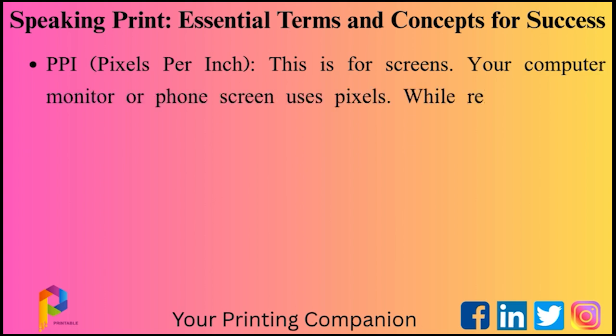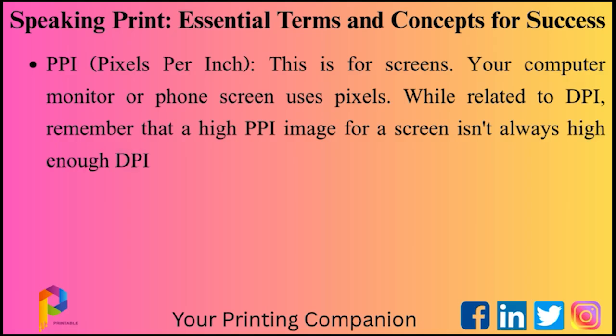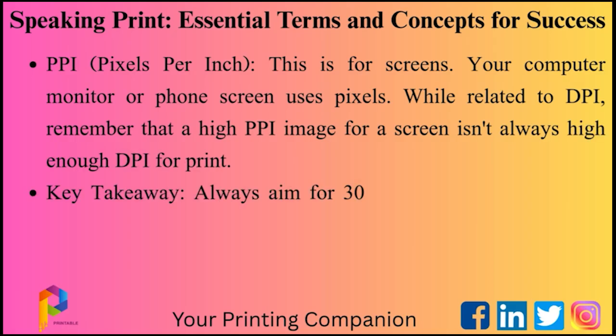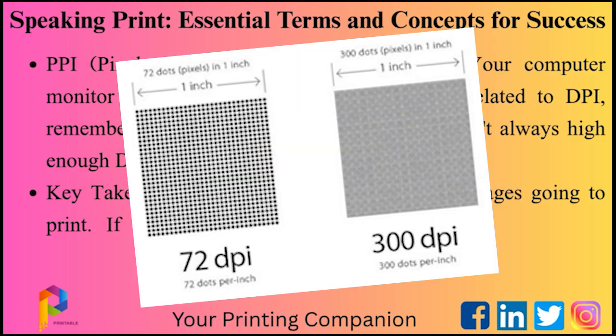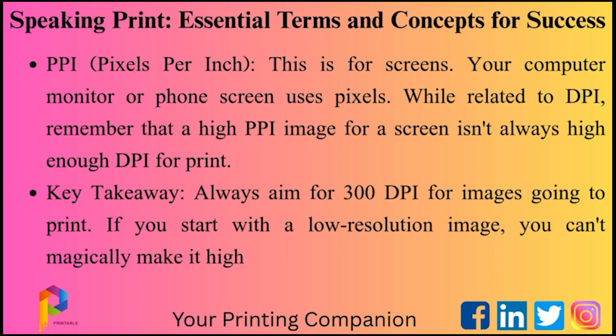While related to DPI, remember that a high PPI image for a screen is not always high enough DPI for print. Key takeaways: always aim for 300 dpi for images going to print. If you start with a low resolution image, you can't magically make it high resolution later without losing quality.